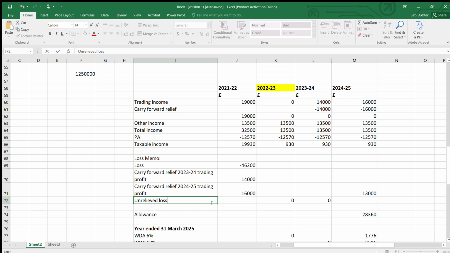Finally, which is remaining as unrelieved loss, carried forward to 2025-26. Do the sum function and find out. Always use the formula as you're working. So 16,200 is still remaining. That was not relieved.